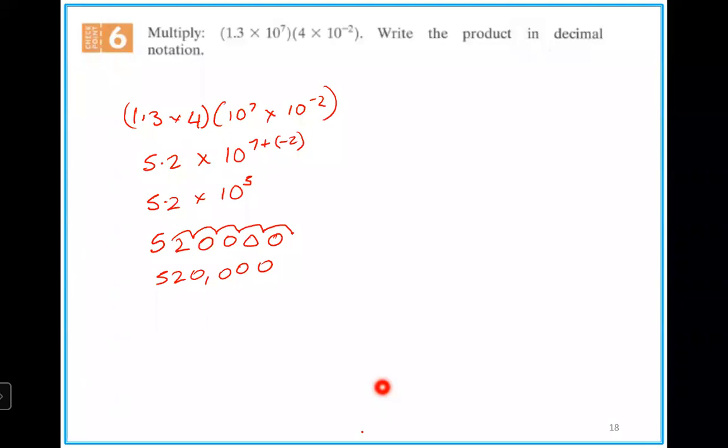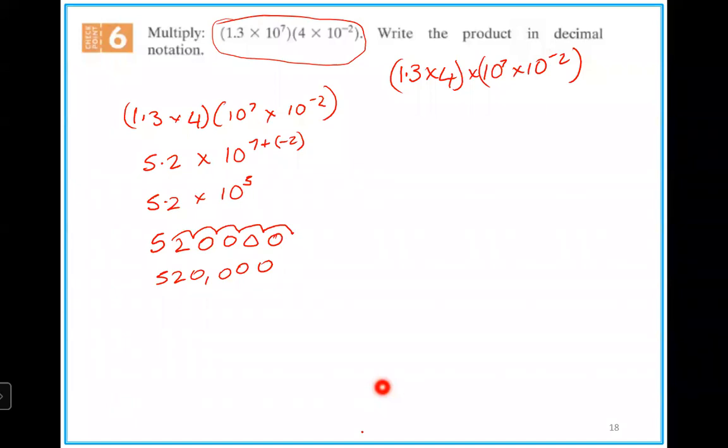So the first thing was 1.3 times 4 times 10 to the 7 times 10 to the minus 2. So what we did, we reordered the multiplication. All of this here is multiplication straight through, and with multiplication it doesn't matter what order you do it in.